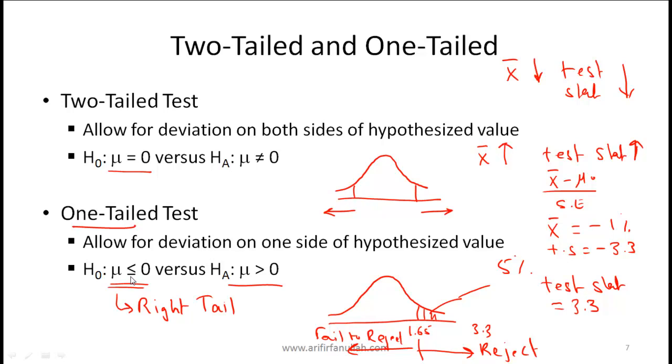So you can notice that with any negative value for x bar, which would then give us a negative value for the test stat, it would not be possible to reject the null. It's only when we get sufficiently positive with x bar that we can reject the null hypothesis.